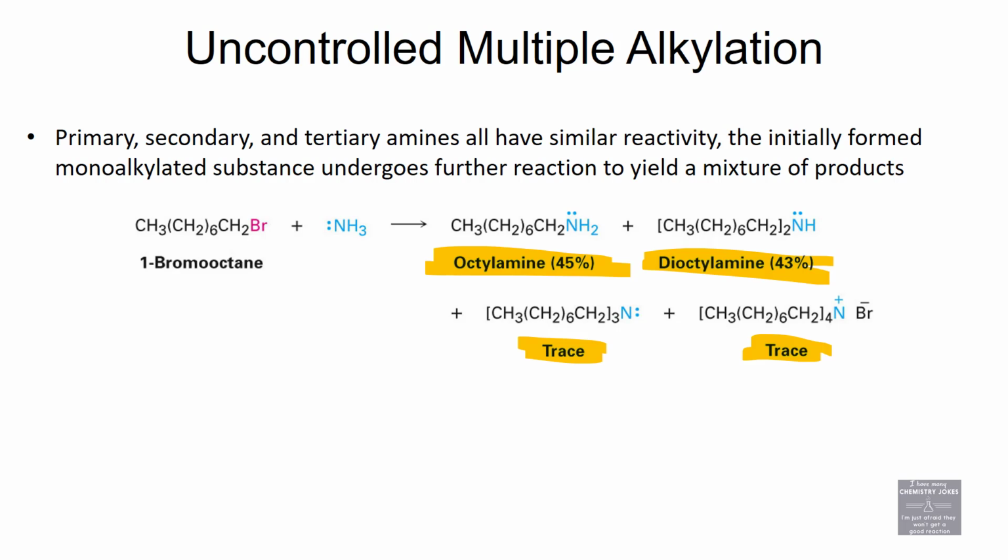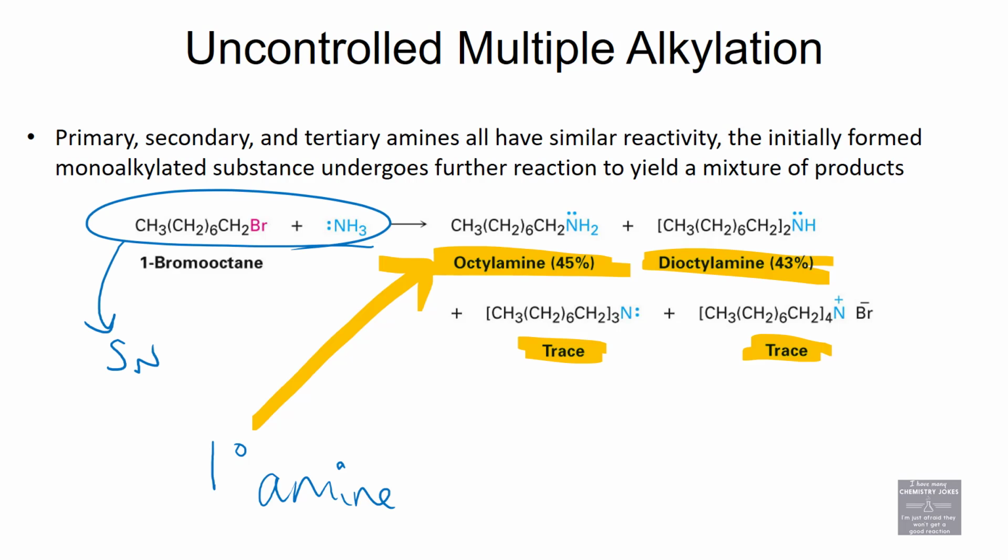If your goal is to synthesize a primary amine and only a primary amine, you need to undergo a different type of synthesis. A simple SN2 reaction won't work because amines are too good at being nucleophiles and too good at being bases. That's the point. Let's say we're trying to synthesize a primary amine. This kind of method, not the best way.